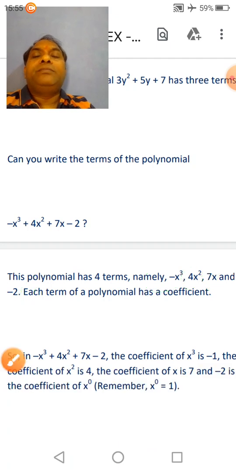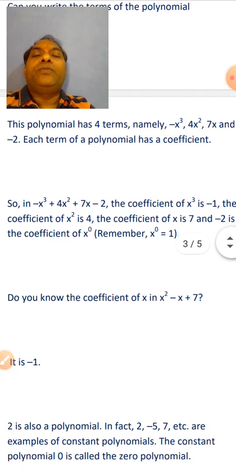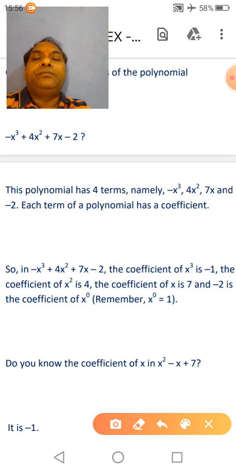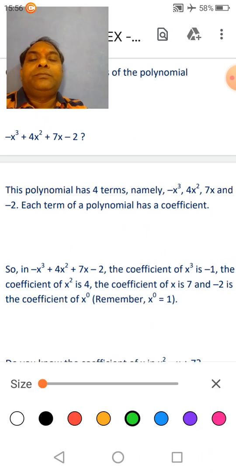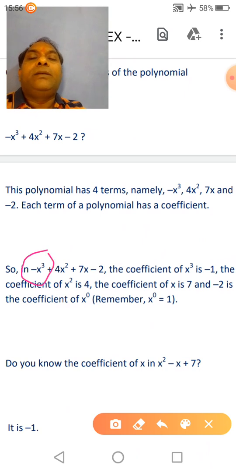Each term of a polynomial has a coefficient. So first term of the polynomial is minus x cube. So coefficient of x cube in first term is minus 1.